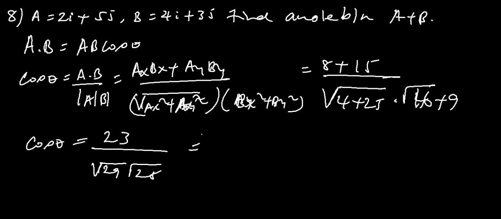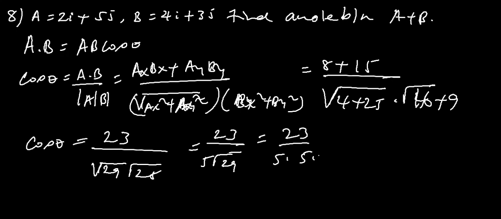The square root of 25 is 5, so it is 23 over 5 times the square root of 29, which is about 5.38.